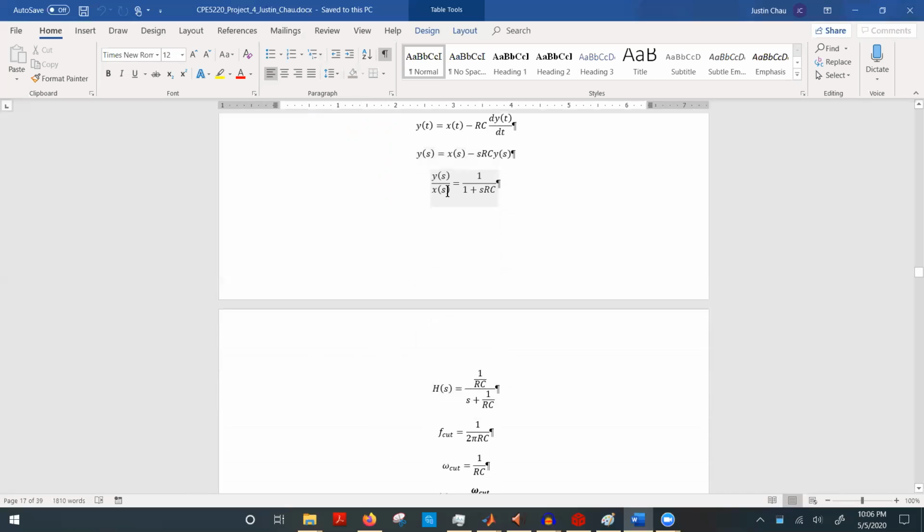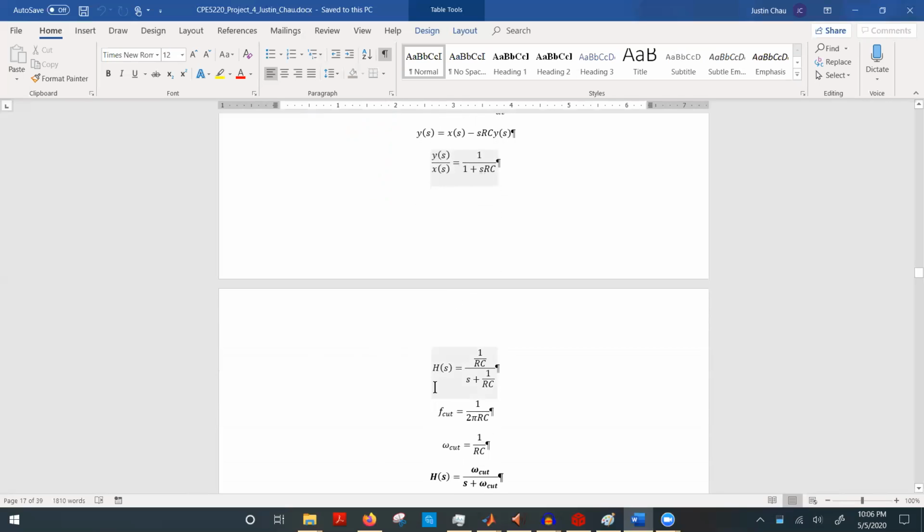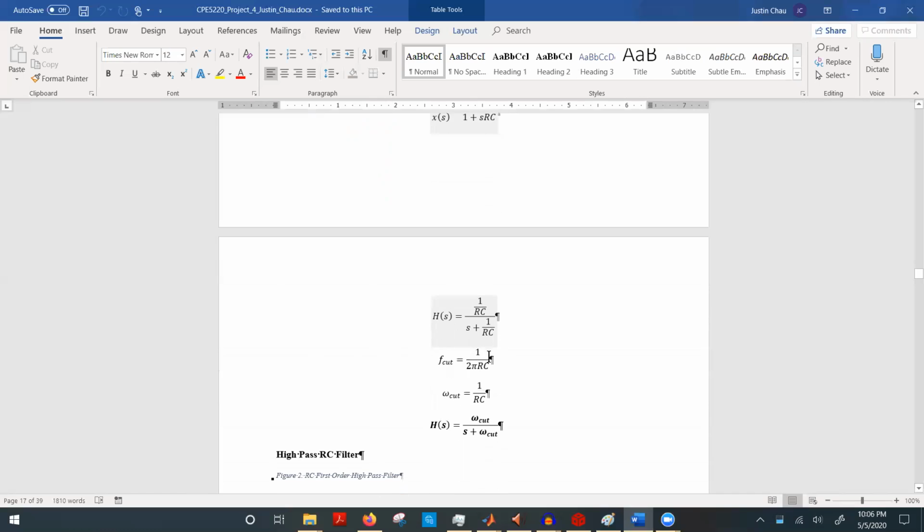After performing some math around here, we see that we have this, and this 1 over RC can actually be replaced with the omega cutoff frequency, or the angular cutoff frequency, because if you remember, 1 over 2 pi RC is the cutoff frequency. So we can rewrite this as the angular frequency is 1 over RC.